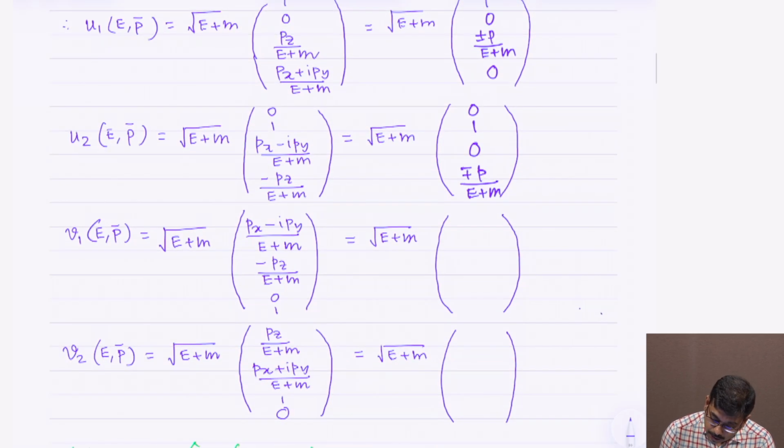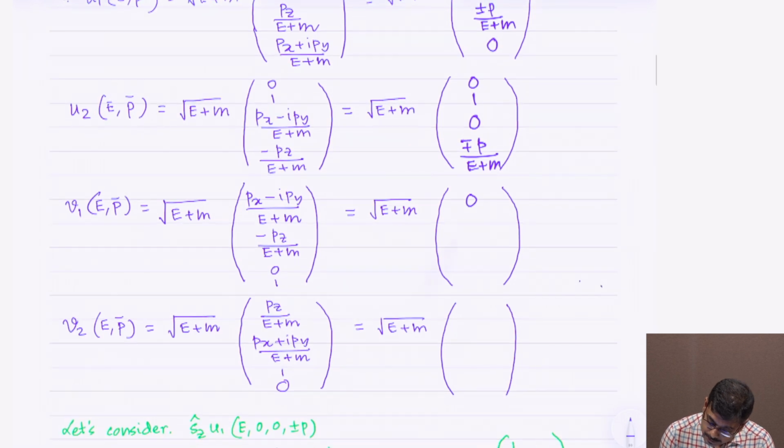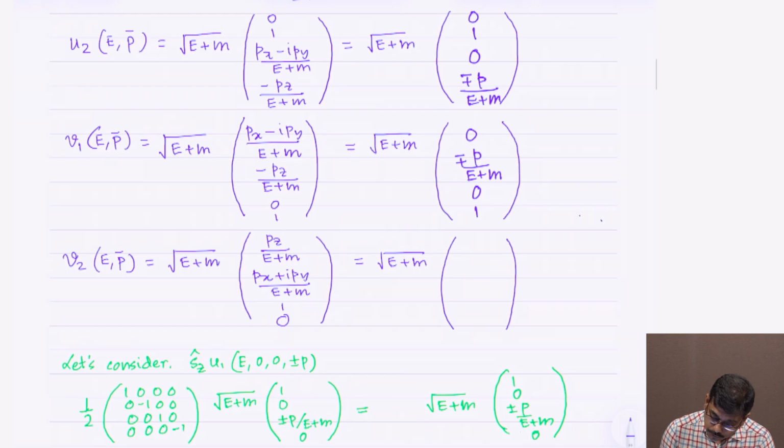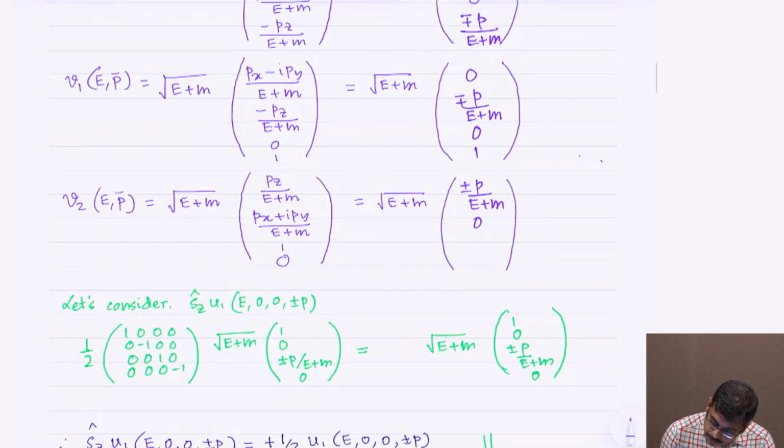What happens to V1? Once again the first quantity in the limit px py going to 0 is identically 0. What is the second component? The second component will be minus plus p by E plus m, this is 0 and 1. And V2 finally is plus minus p by E plus m, this second term is absolutely 0, this is 1 and 0.